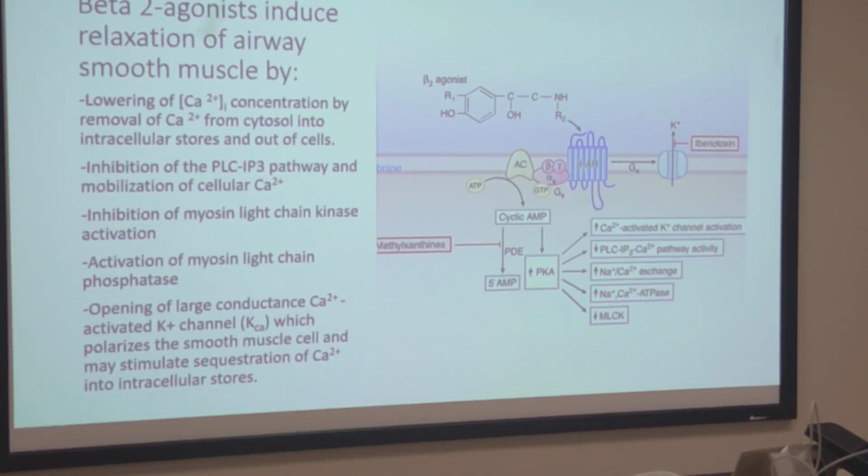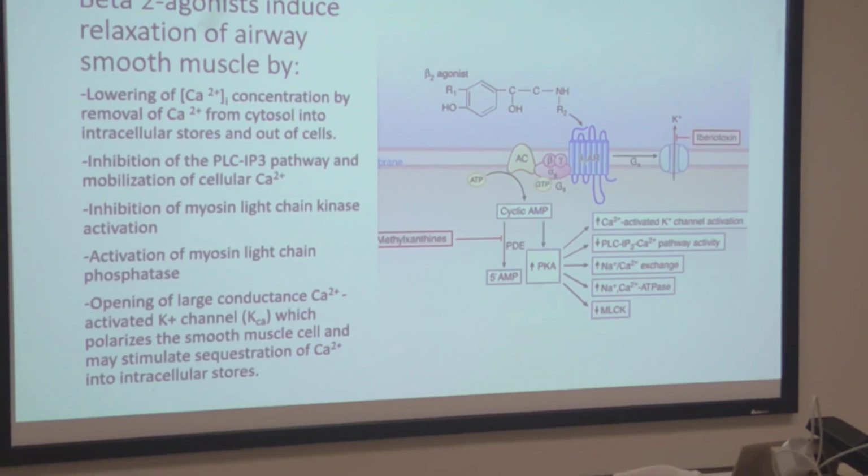They lower calcium concentration in these cells. Intracellular, cytosolic calcium is responsible for contraction. So if you decrease the cytosolic calcium, how can you decrease it?